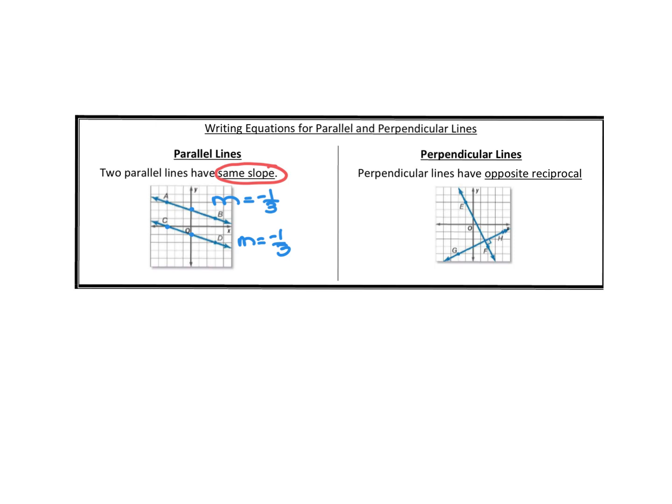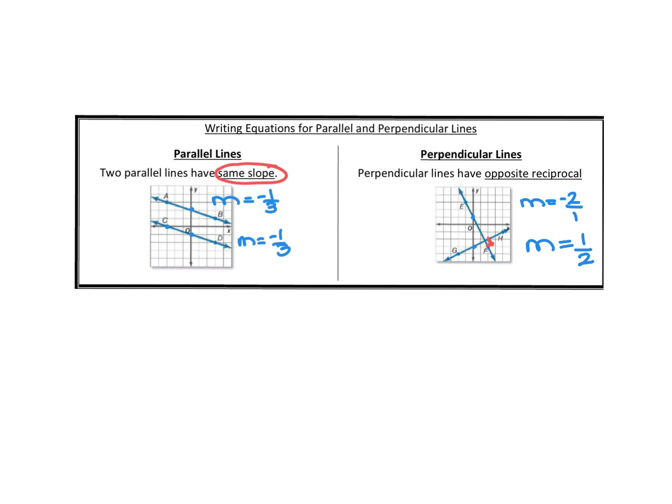Now look at our perpendicular lines. Again, notice how there was that square and the right angle there. For our first line, we went down 2, so -2, and then we went over 1. And our second line, we went up 1 and over 2.